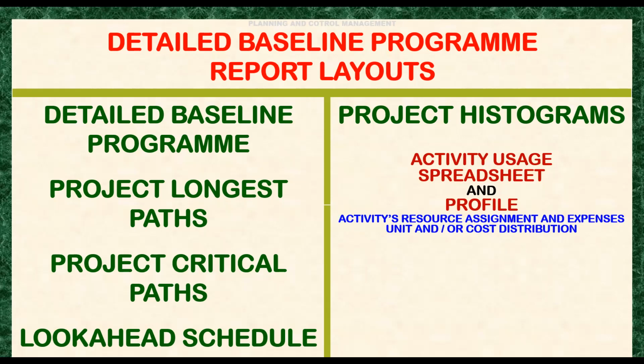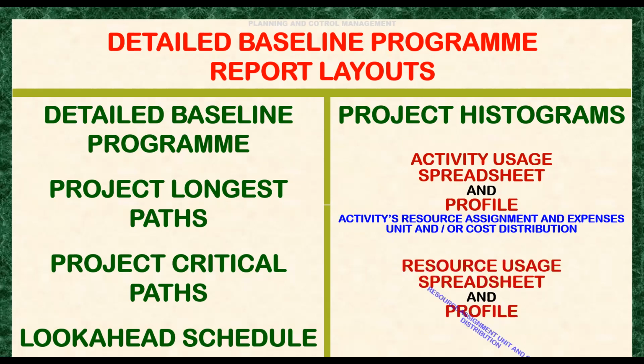Okay, so next is the resource usage spreadsheet and profile. The resource usage spreadsheet is the resource assignment, unit and cost distribution, while the resource usage profile is the graphical presentation of the resource usage spreadsheet.